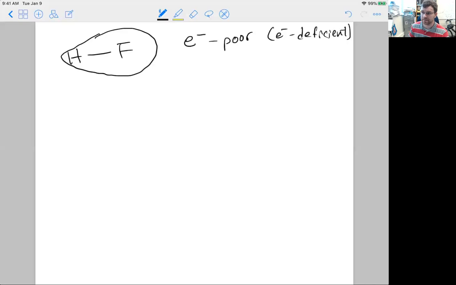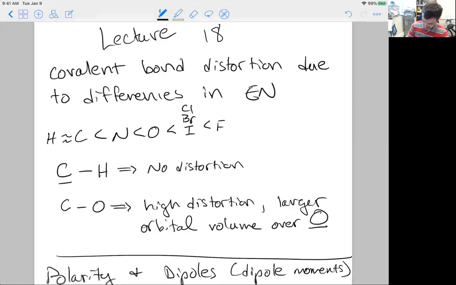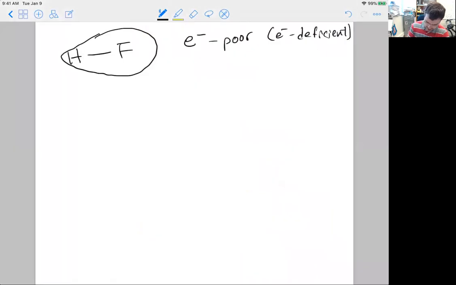So electron poor or sometimes electron deficient can describe instances where we have a smaller orbital area for those electrons to exist in over our hydrogen element. What this means is that if we're electron poor, we don't have those electrons to counterbalance the positive charges of the nuclei, as we don't have a greater density of them.